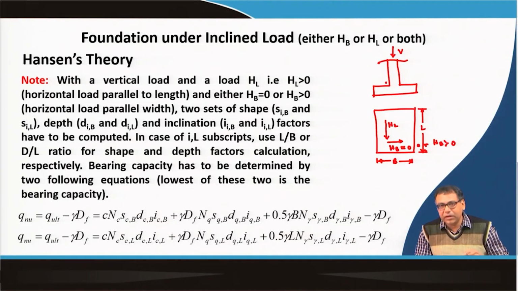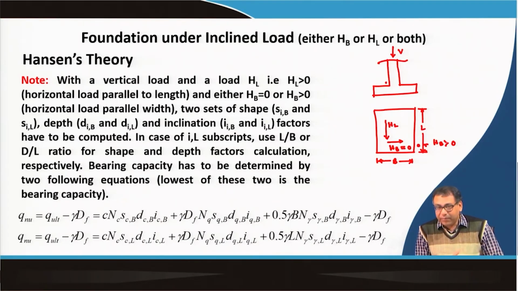So, if the horizontal component of the inclined load or the horizontal load is parallel to L, in such a case we have to consider two sets of shape factor, depth factor and inclination factor to incorporate the inclined load effect in the bearing capacity equations. When you use these two sets, we have to interchange L and B also, and if eccentric loading is there, then L dash and B dash.